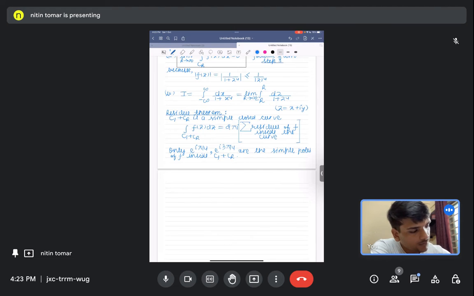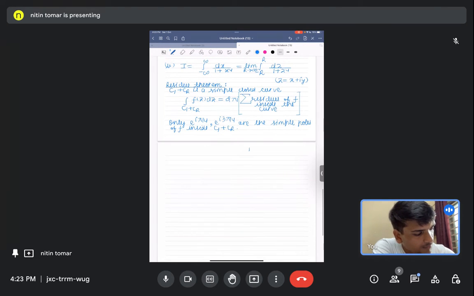For example, let me give you one very quick example. If I ask you the integral of dz by z over the unit circle, mod z equal to 1, you can compute it directly, but by the residue theorem, your f(z) is 1 by z.